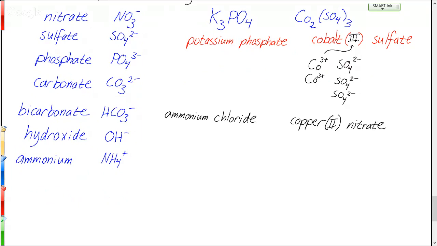All right, ammonium chloride and copper 2 nitrate. So we're going to do it just like before. You're going to write the ions down and then figure out how many of each you need to make a balanced formula. When you think you got something, show the person next to you or around you and see if you agree.